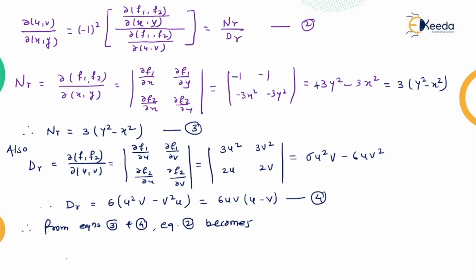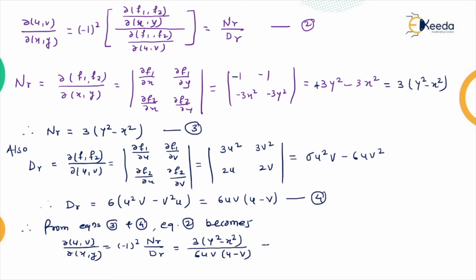Equation 2 is ∂(u, v)/∂(x, y), that is equal to numerator upon denominator, with minus 1 whole square. So minus 1 whole square is 1, and the numerator is 3(y square minus x square) upon 6uv(u minus v).